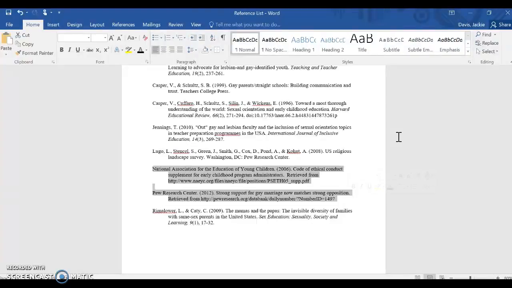The first one is the National Association for the Education of Young Children, and the second one is the Pew Research Center. So if there is no author name listed on the article, you do start with who published the article or the name of the entity or organization with the same information, the name, the year that it was published, and the name of the article, all followed by periods.